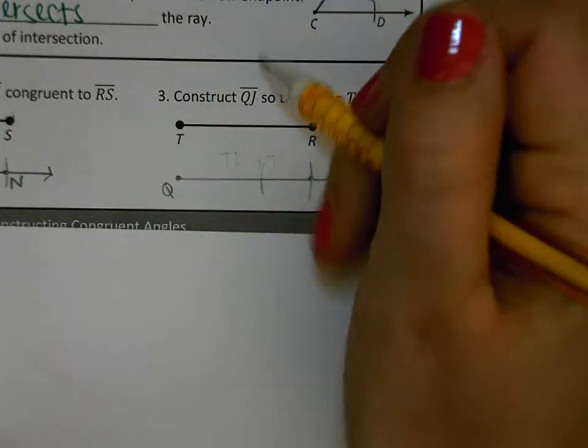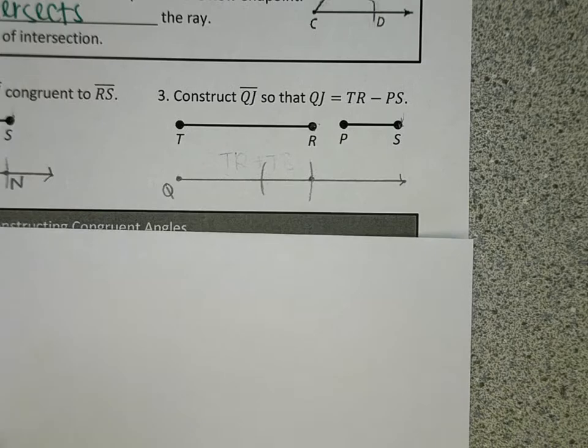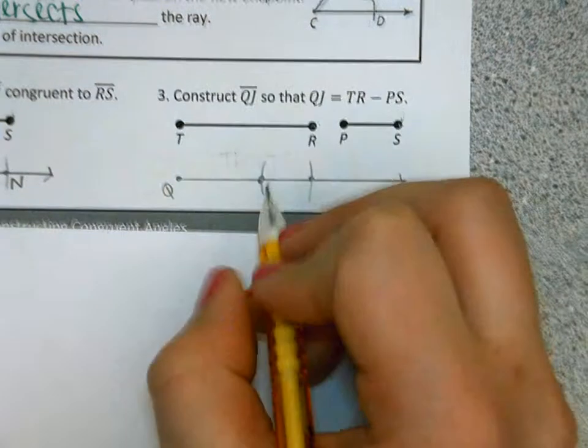Here, you can't really see it. Do you guys see what I did? Okay. So here, that second intersection is point J.